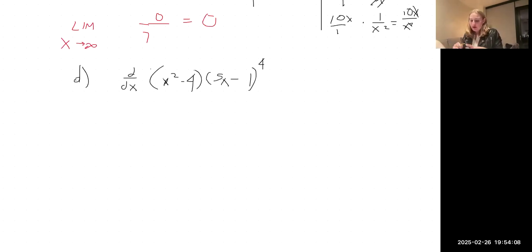Let me try and figure out what I'm gonna do. Okay, product. That's u prime v plus v prime u. But if I remember correctly, oh, I skipped pages in my book. That's not good.